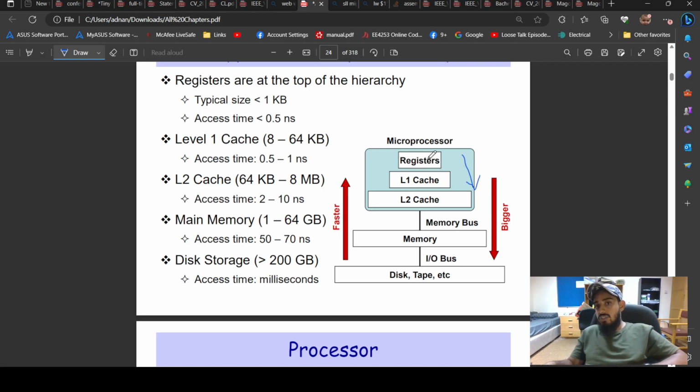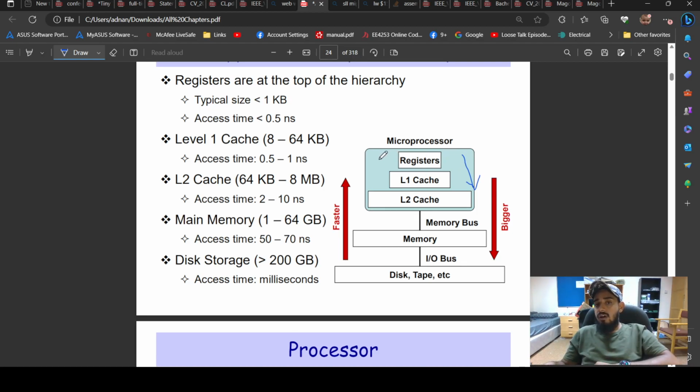It starts from the registers. General purpose registers could be 8-bit or 16-bit, so we can store 2 raised to the power 8 or 2 raised to the power 16 values. The register is faster than the cache, and the cache is faster than the main memory.